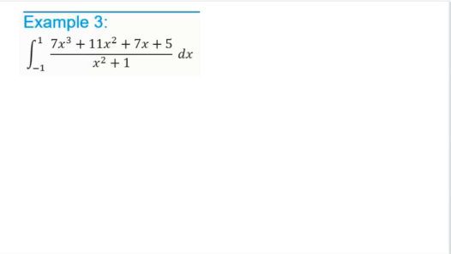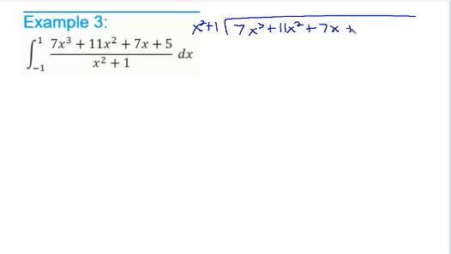Let's take a look at this one. And this is an example of why I reviewed long division. You cannot use synthetic division on this one. Cannot use synthetic. So we put our x squared plus 1 outside. We put our numerator inside, and we start our division.